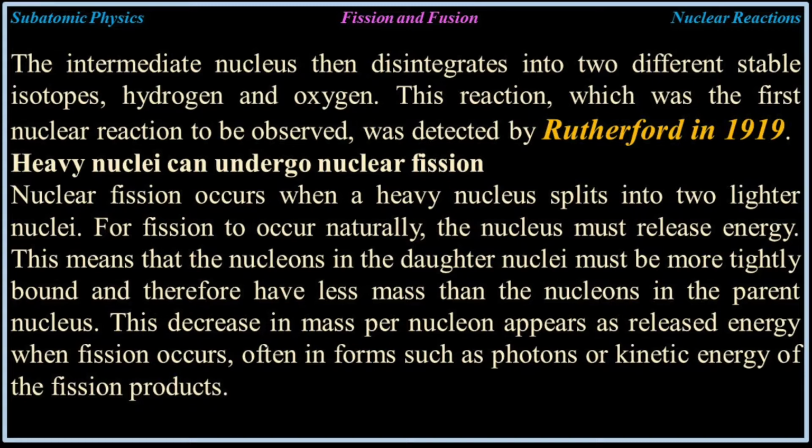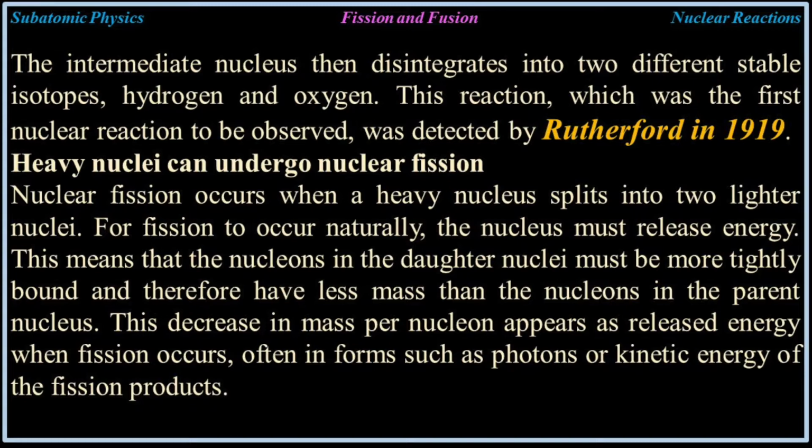Heavy nuclei can undergo nuclear fission. Nuclear fission occurs when a heavy nucleus splits into two lighter nuclei. For fission to occur naturally, the nucleus must release energy.